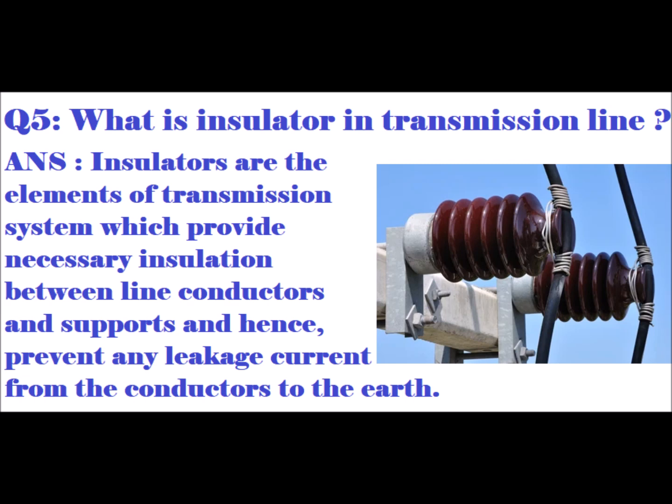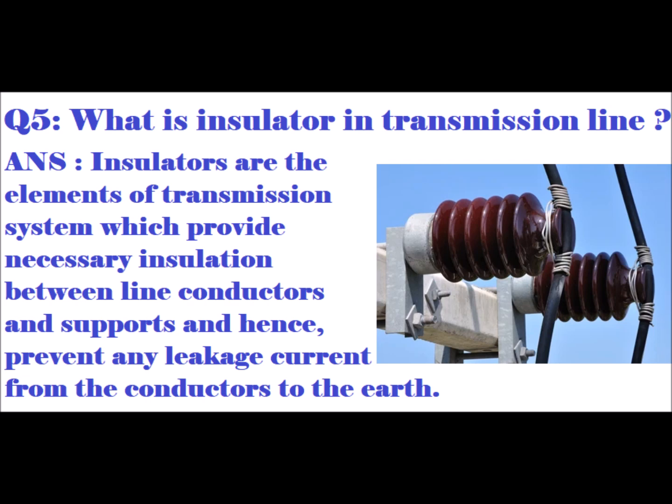In this slide we can see the black cable is the conductor through which the electric power will pass, and the supports are metallic frames. There has to be proper insulation so that there won't be any spark or short circuit, and also so that leakage current from the conductors to the earth will be reduced. So this is the importance of insulators.